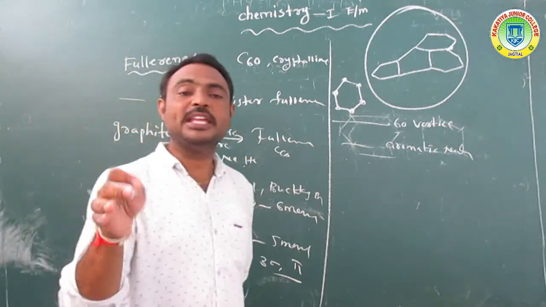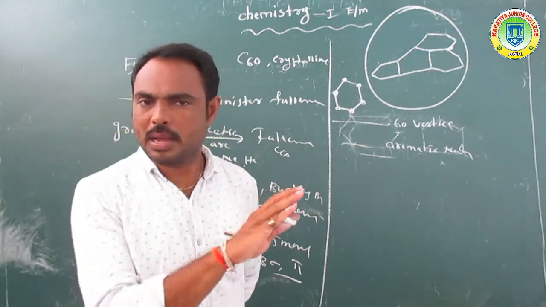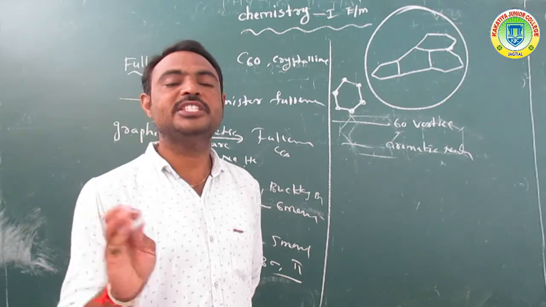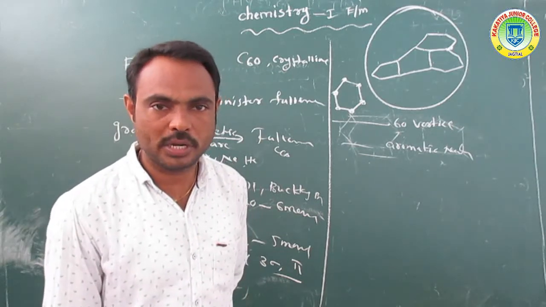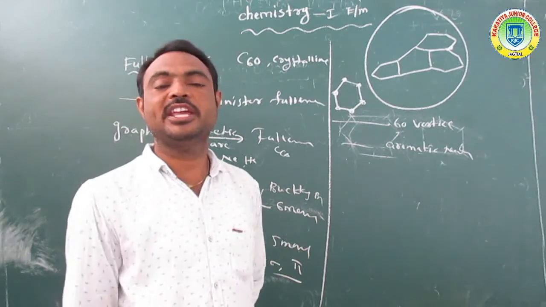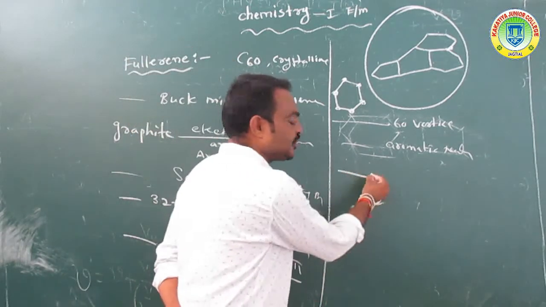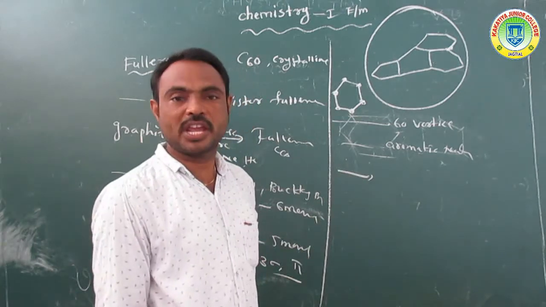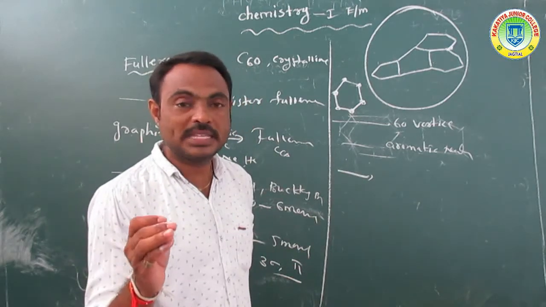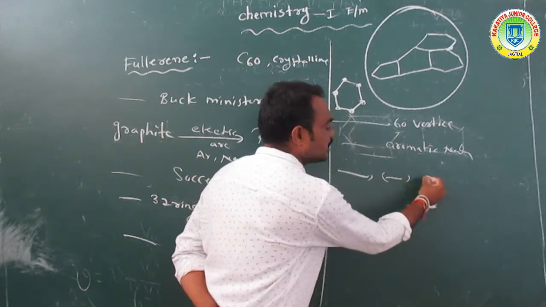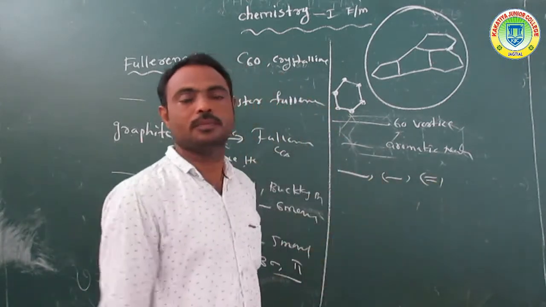All the benzene-like closed components are of aromatic nature. So in this shape, some places contain a single bond and some places contain a double bond.